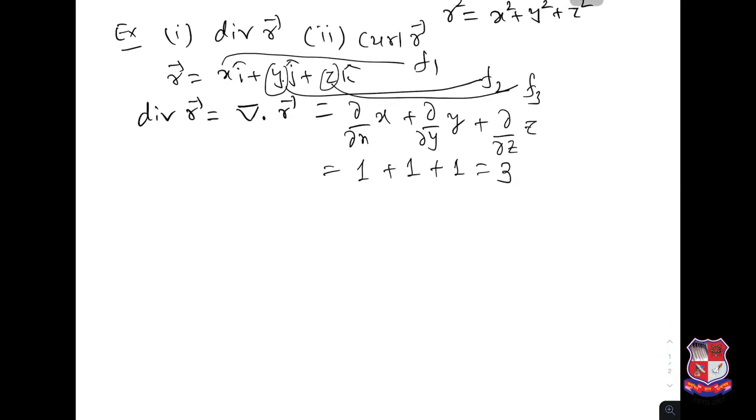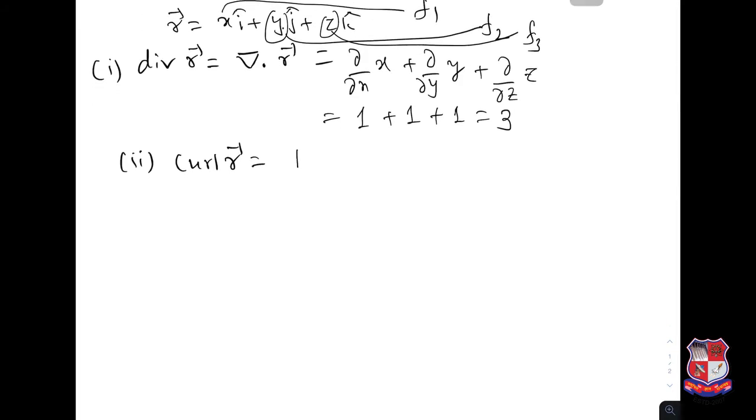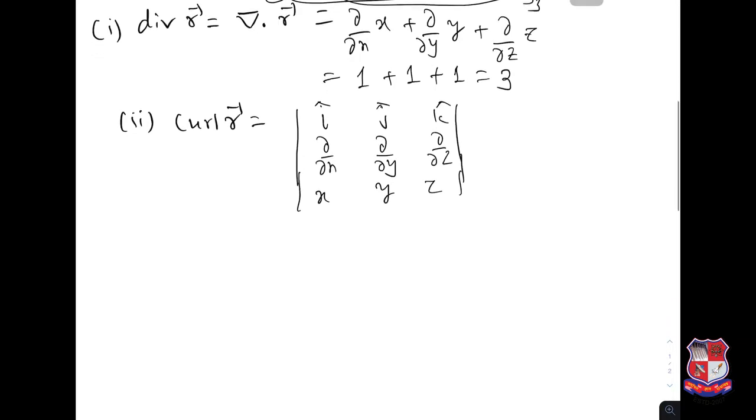Let us find the curl of r. So curl of r is determinant i, j, k, then del by del x, del by del y, del by del z, then vector r. So first component x, second component y, third component z.